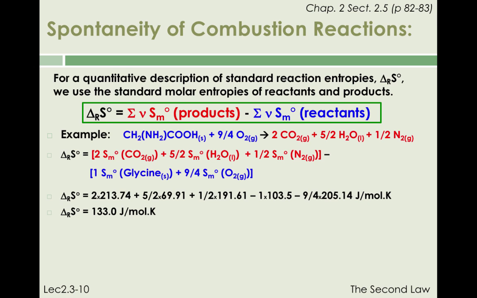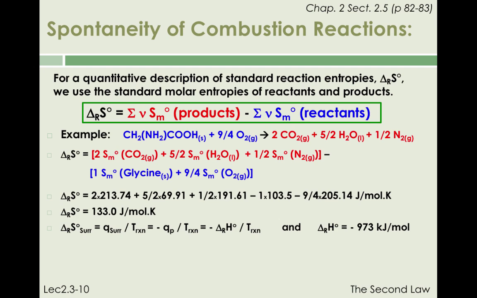To examine the spontaneity of this chemical reaction under standard conditions, we need to find the sign of ΔrS standard for the universe. So far, we've only calculated ΔrS standard for the system. We now need to do the same calculation for the surroundings. Recall that ΔS for the surroundings is equal to the heat for the surroundings divided by the temperature of the surroundings. Q surroundings is equal to minus the heat for the system, or Q sub P, since chemical reactions occur generally at constant pressure.